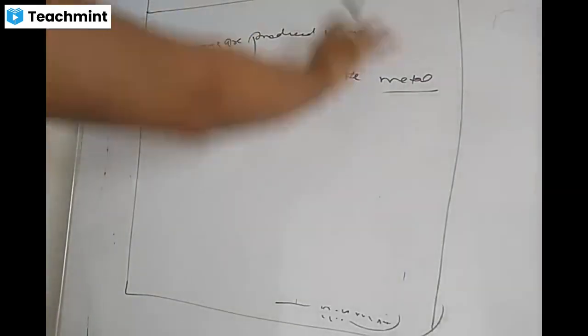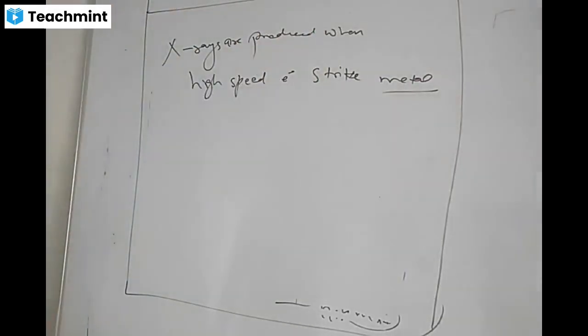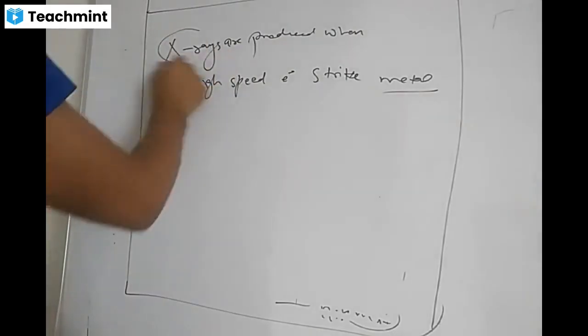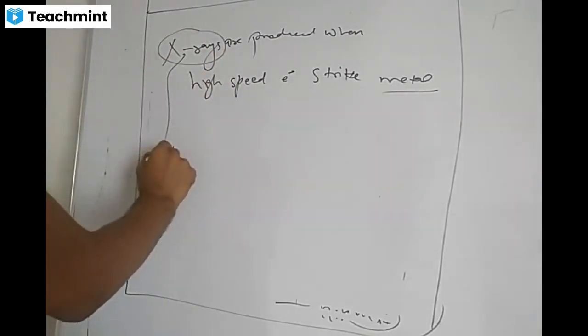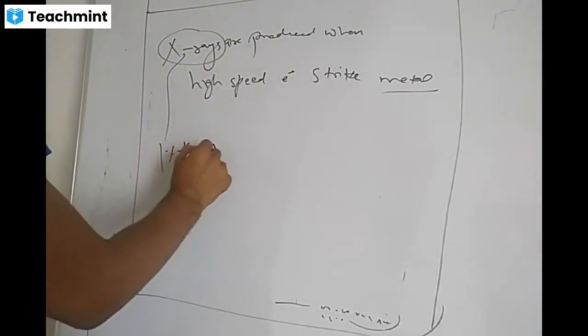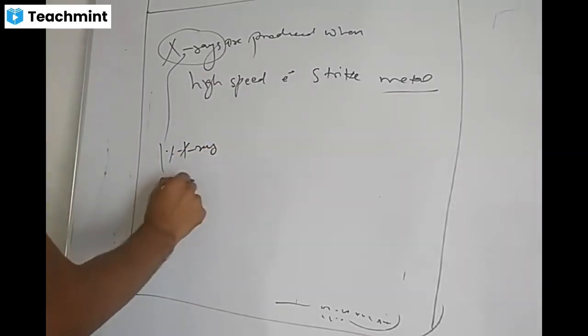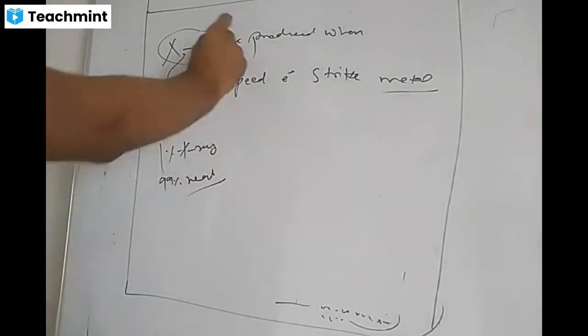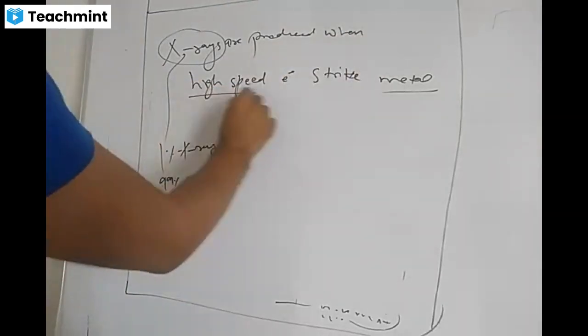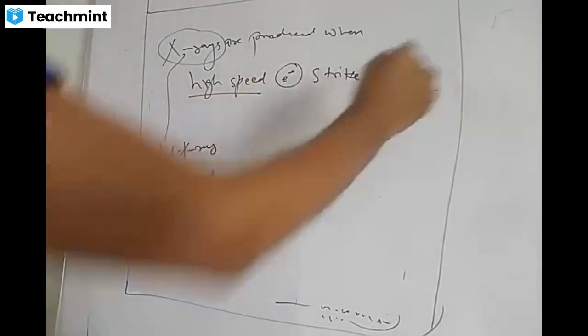From this line, the X-ray production is started. What does it mean? X-rays means 1% X-ray and 99% is heat. X-rays are produced when high-speed electrons strike the metal.